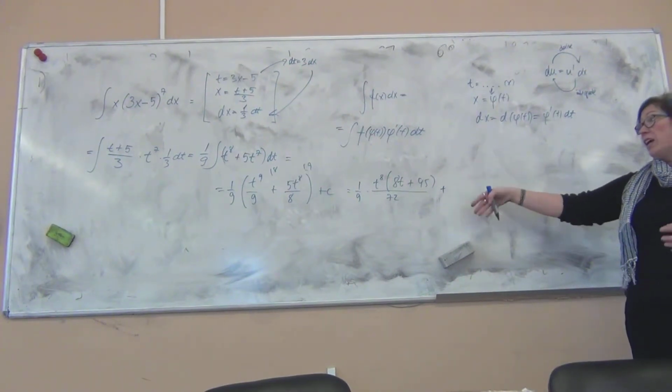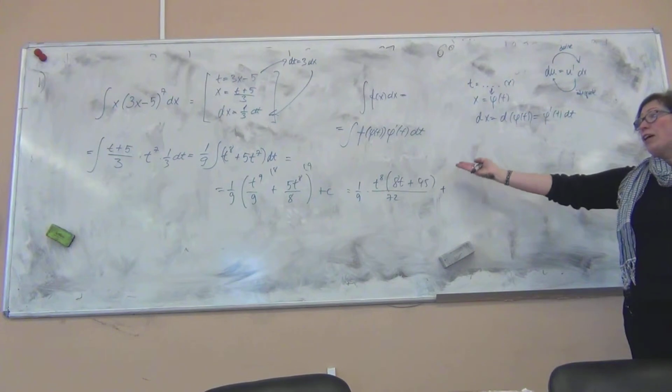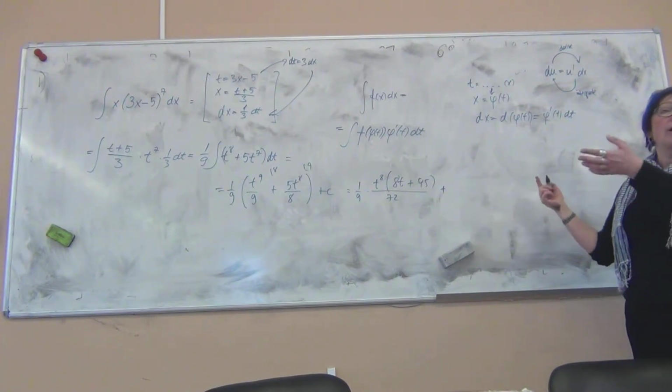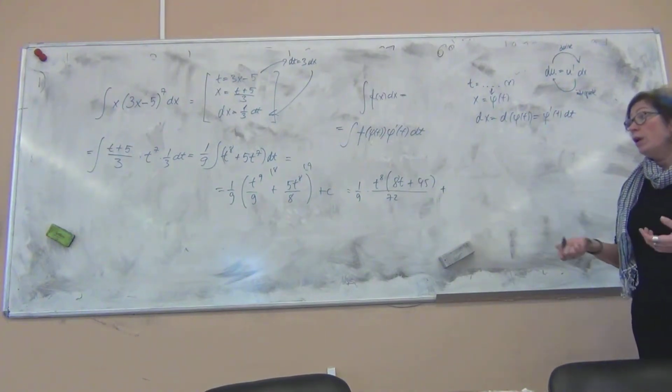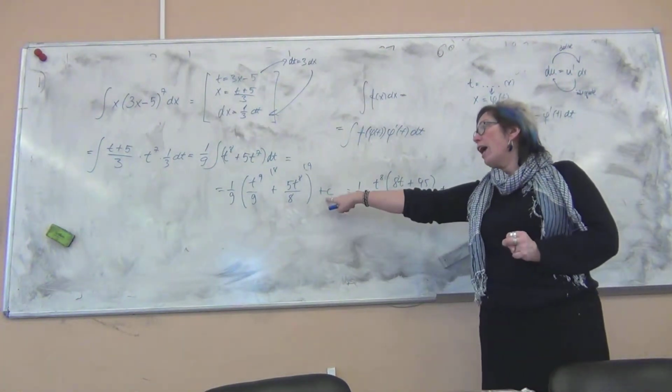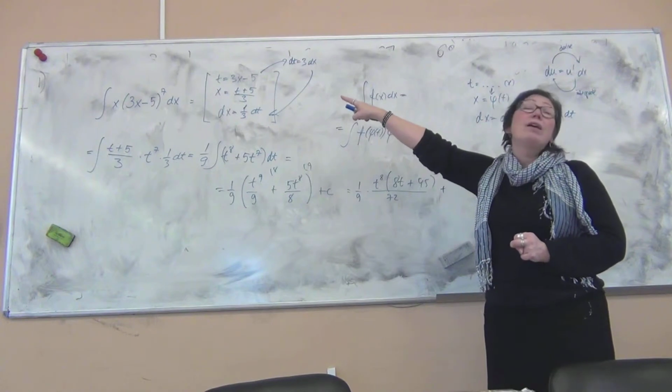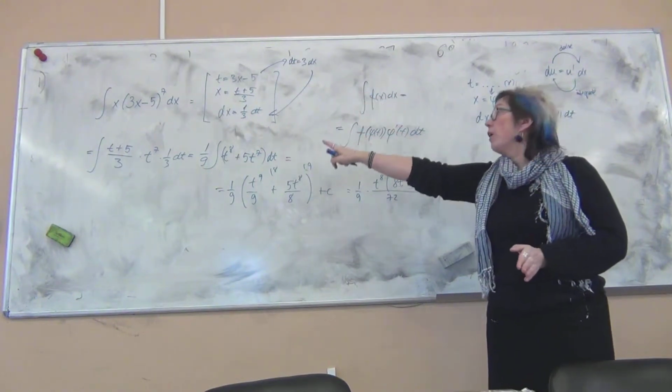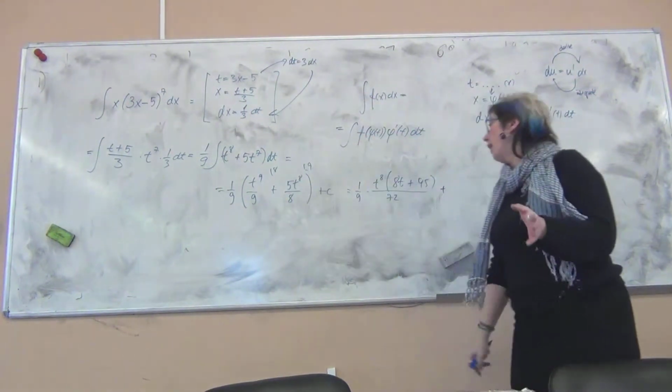You can factorize it. Factorizing actually means writing the final answer in the simplest form possible. But as it is, I will already be happy if you can substitute t equals 3x minus 5 back here, and that's it.